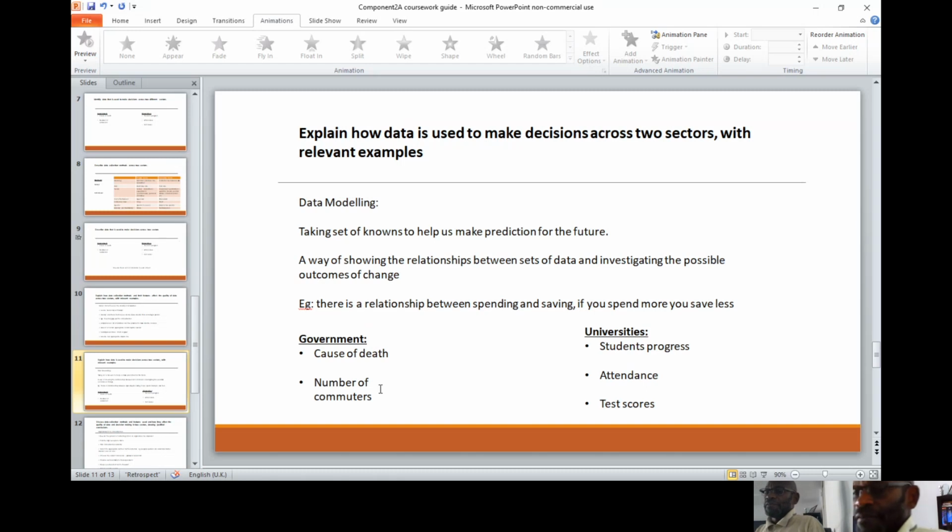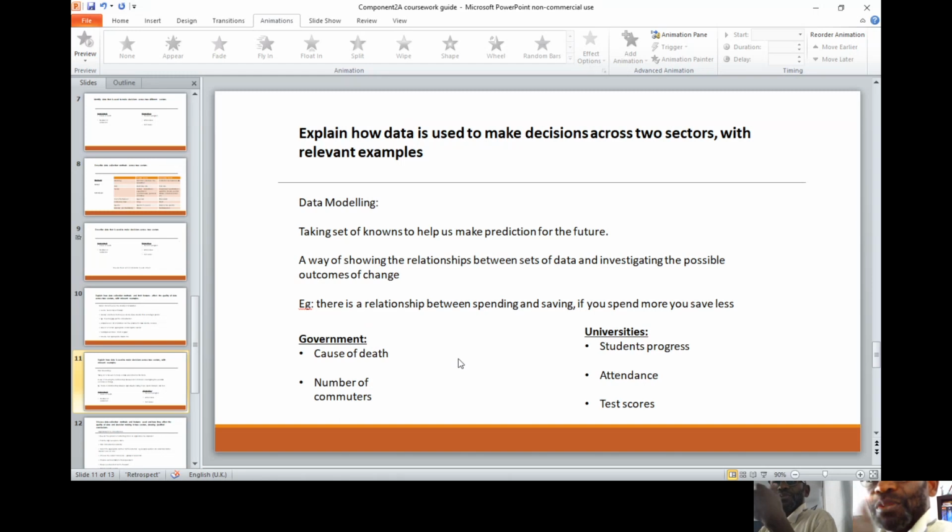So if the government needs to reduce the number of people being infected by the disease, then they need to reduce the number of people using public transport, because the data will show that there's a relationship between this. The same way, if the university sees the attendance of certain students and looks at their scores, it will show that there is a relationship there.